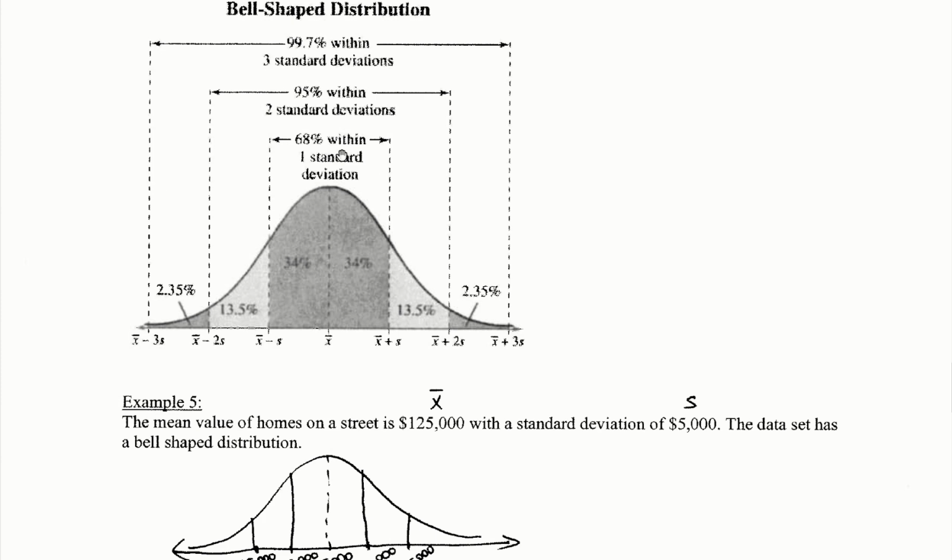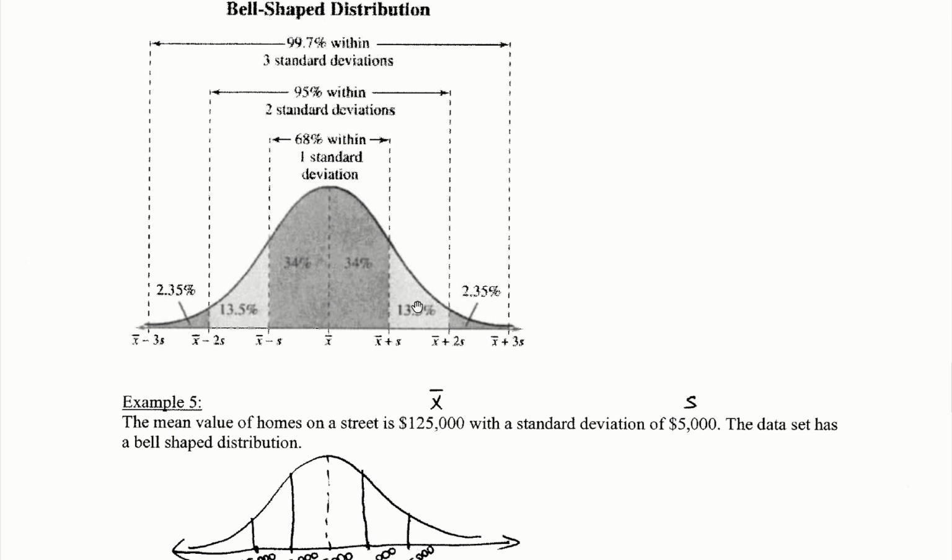In addition to the 68, 95, and 99.7%, which are kind of the classical values, we can also use those to find some of the percentages in other regions. For example, because the symmetric distribution is equally split down the middle, if we know it's 68% within one standard deviation, if you take half of it, that means that 34%, which is half of 68, would lie between the mean and one standard deviation.